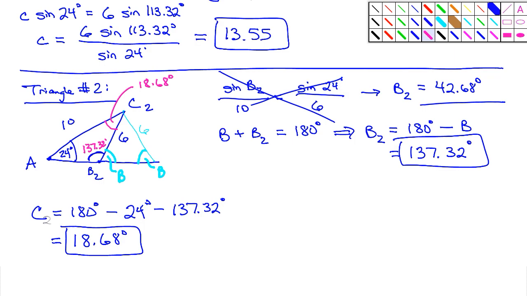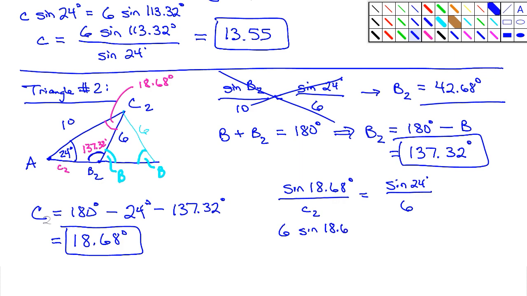And finally, we can find little c2 using the law of sines. So the sine of 18.68 degrees divided by c2 is equal to the sine of 24 degrees divided by 6. Cross multiply, we get 6 sine of 18.68 degrees is equal to c2 times the sine of 24 degrees.